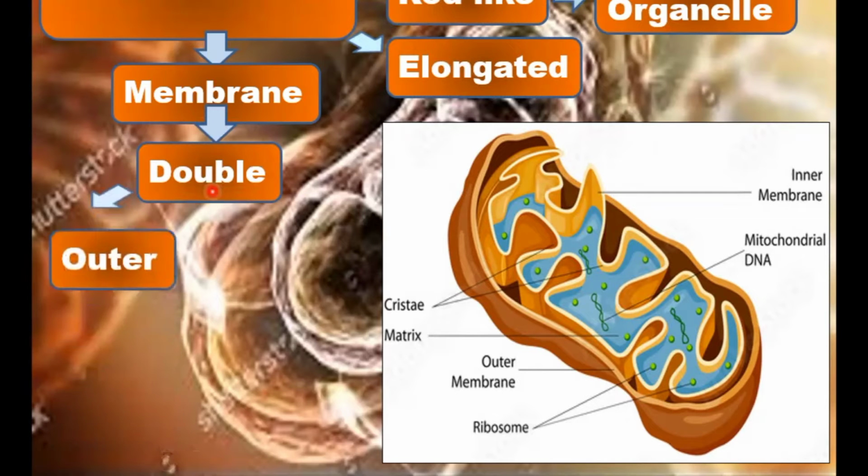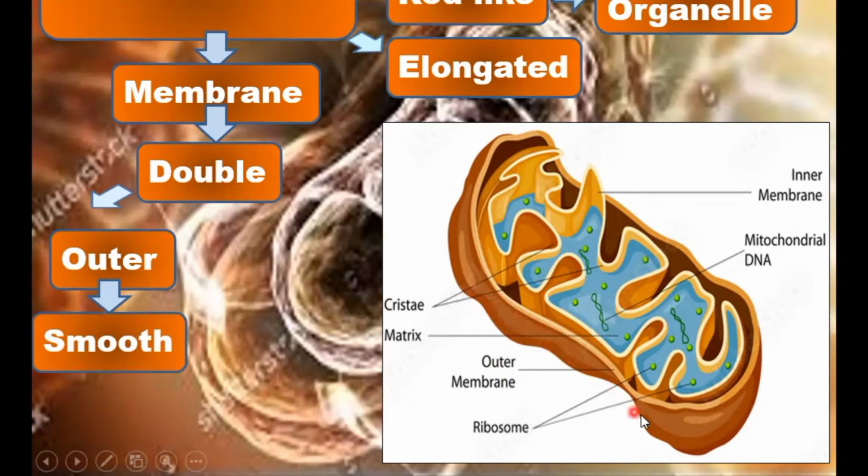The very first membrane is the outer membrane, as you can see here in the diagram. The outer membrane is smooth, as you can see from its smooth appearance. The second membrane is the inner membrane, and the inner membrane is not smooth.